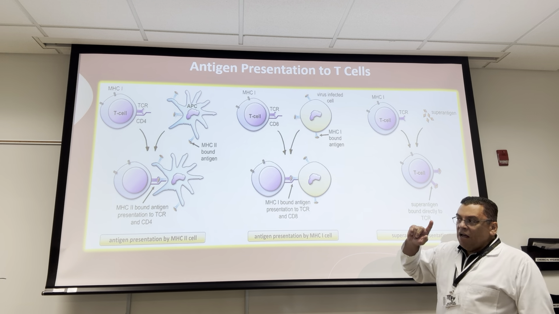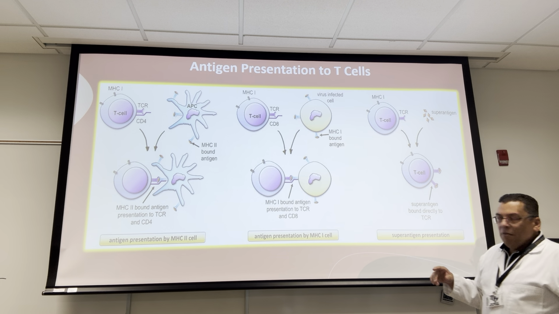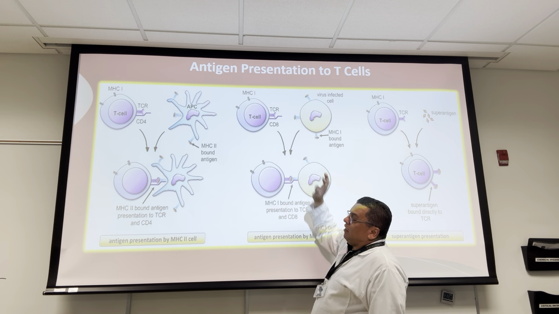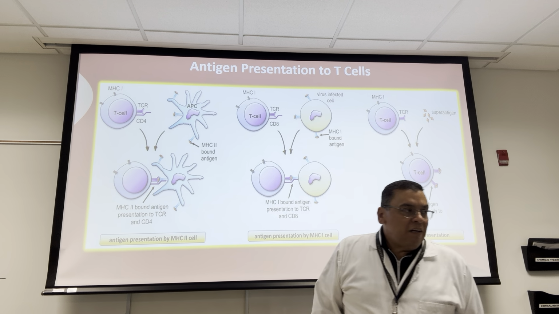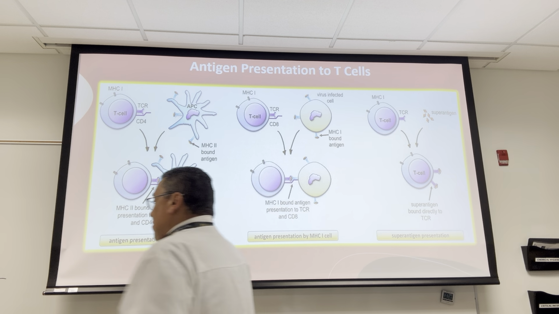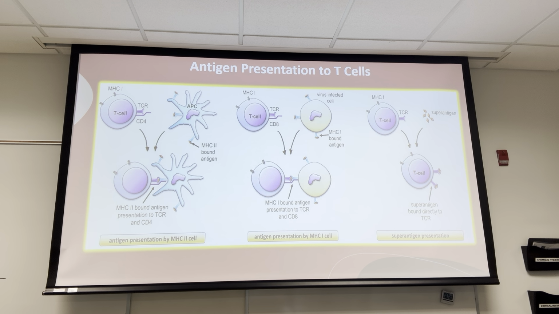I can't remember if I have a slide on this or not. If I do, doesn't matter. I'll just say it one more time. This cell will secrete a protein called perforin. If you look at the word perforin, it comes from perforate, which means to put a hole in it, to rupture it, to break it.